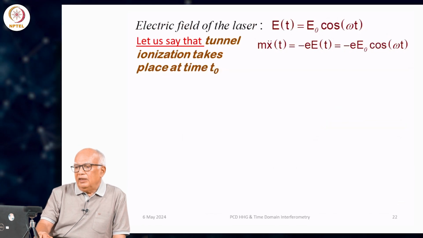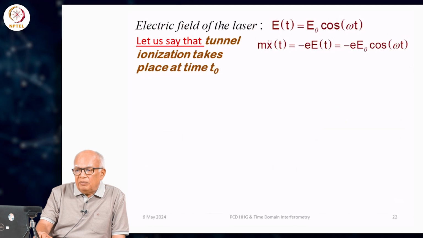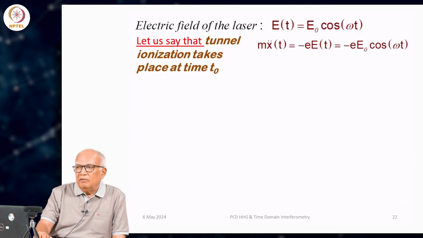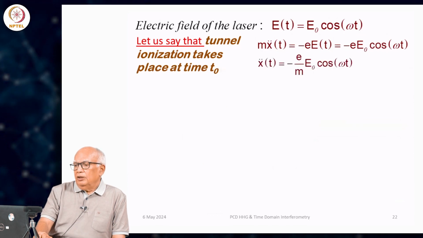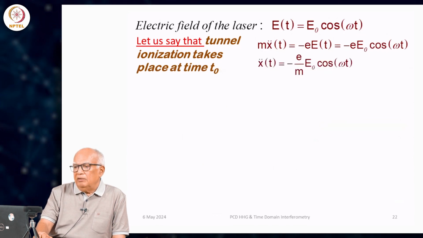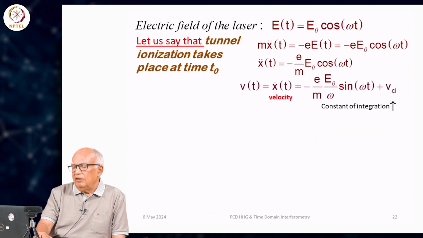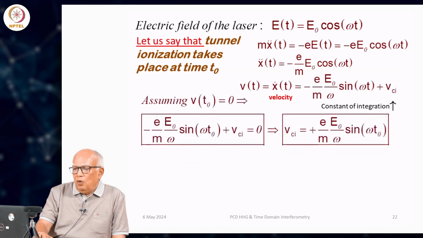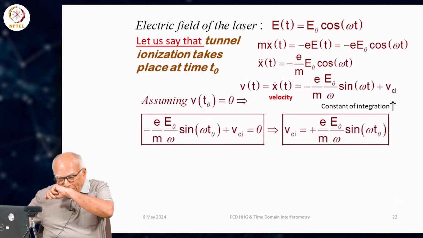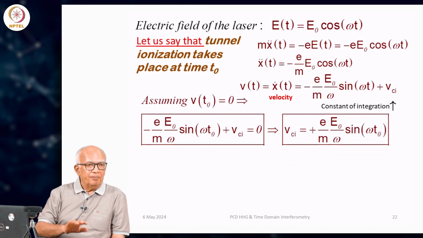So you have the tunneling ionization. There are some details which I am yet to mention, which are very significant and important in our discussion. So here is our relation for the acceleration, integrated you have for the velocity, and now if you assume that tunneling takes place at a time t0, okay.